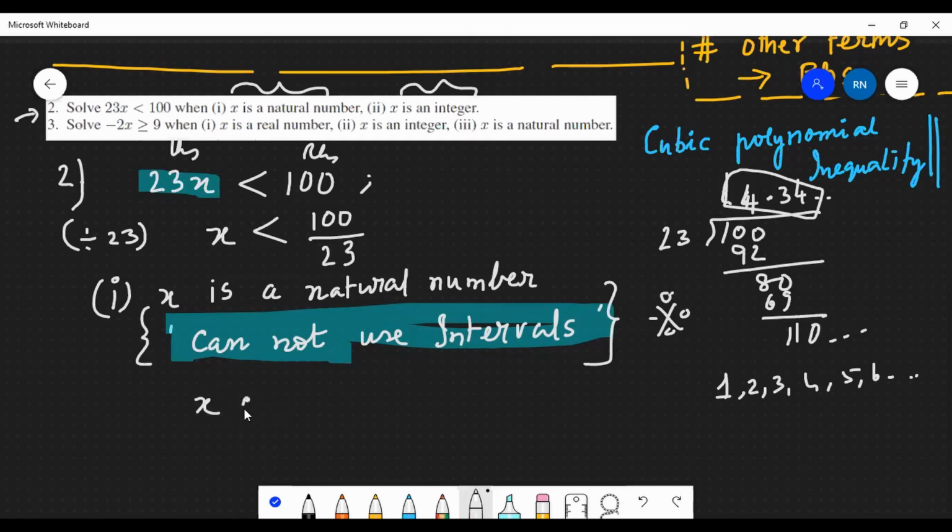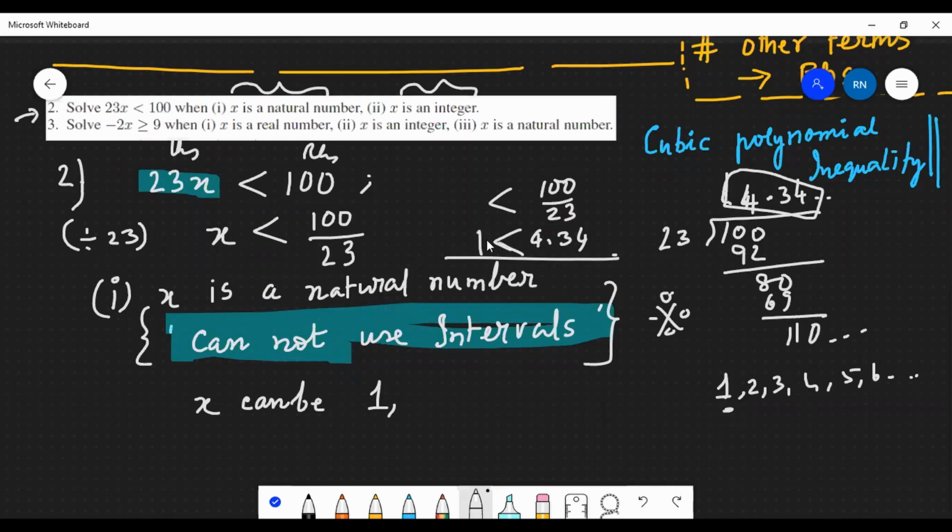What are the values x can take? Is 1 permitted or not? Is 1 less than 100 by 23? What does it mean? The variable is less than 4.34. Even in the previous class I asked you. Put the 1 here.